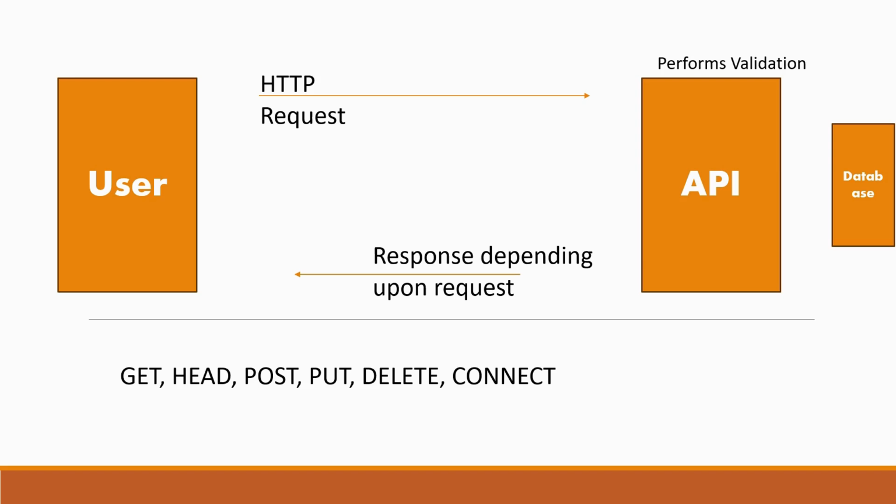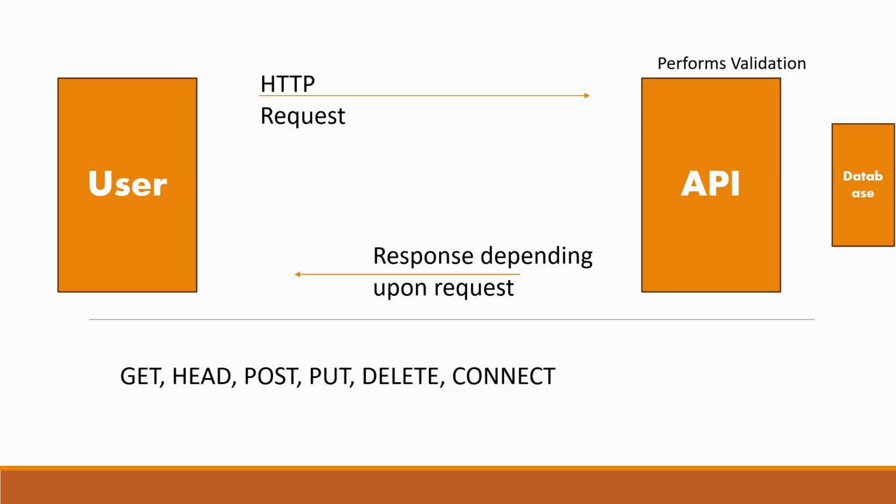First of all, we will talk about how APIs work. So this is basically a user. A user can be any front-end device or any front-end mobile application, and he wants specific data to be fetched from the database or the backend servers.